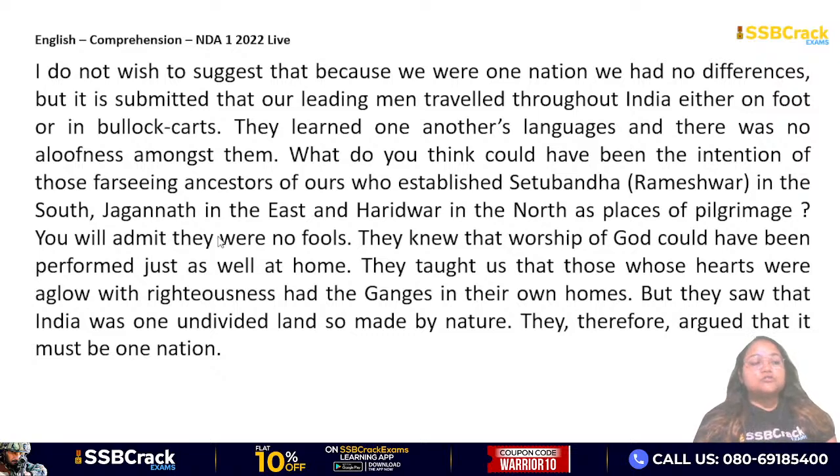They knew that worship of God could have been performed just as well at home. They taught us that those whose hearts were aglow with righteousness had the Ganges in their own house. But they saw that India was one undivided land, so made by nature. They therefore argued that it must be one nation.